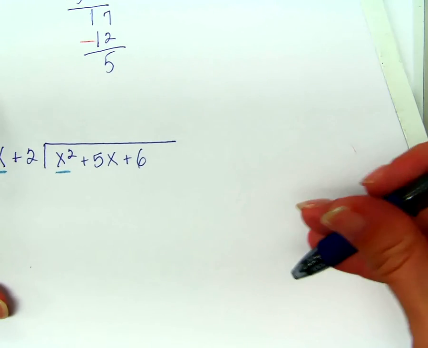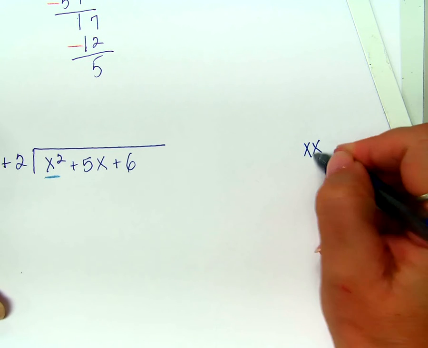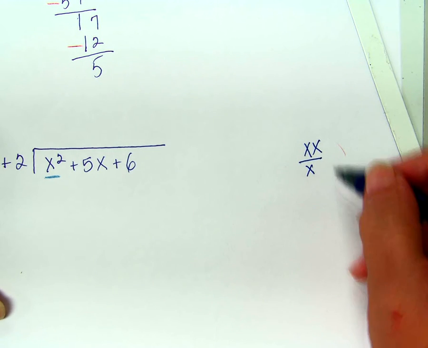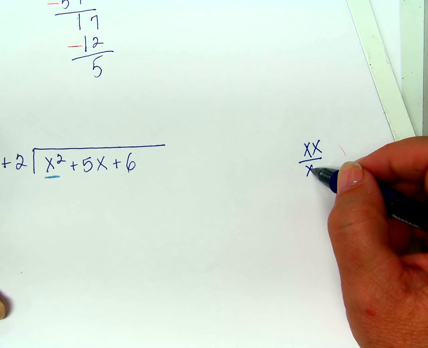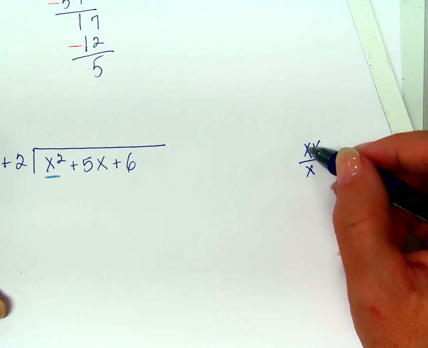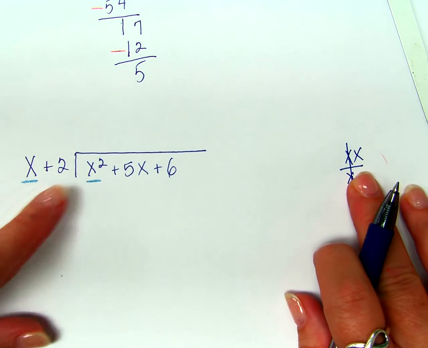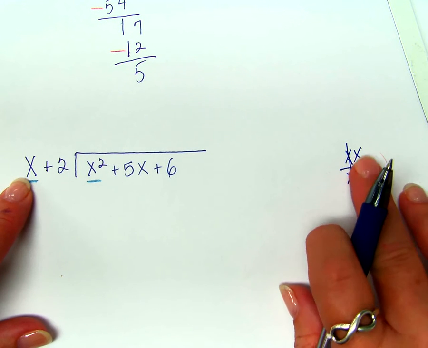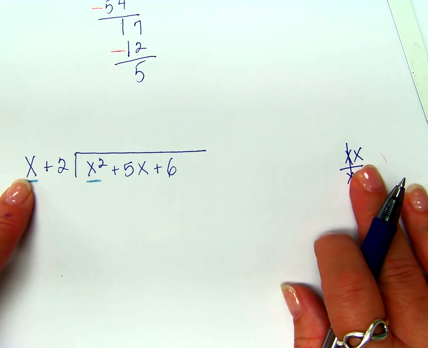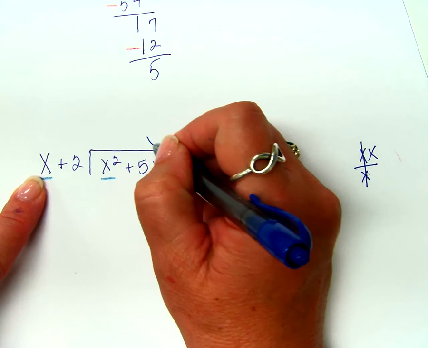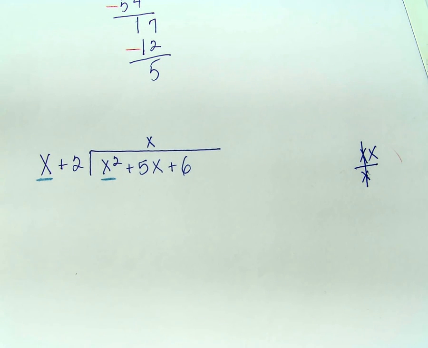Well, just as a reminder, x squared is the same as that, right? Divided by x. What's x divided by x? Anything divided by itself is 1, right? So that's just gone. What do I have left? So what is x squared divided by x? X. Where do you think it goes? Above the x term. It goes above the term that it's like.